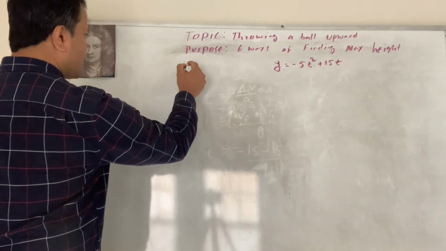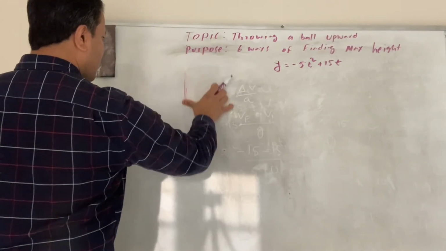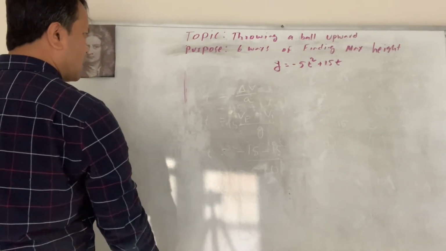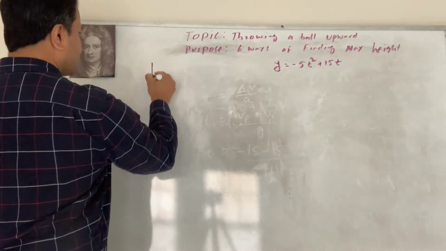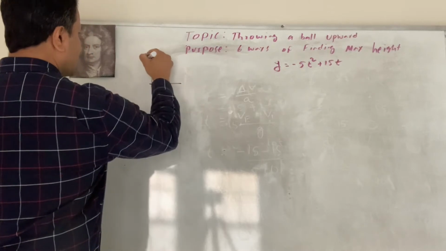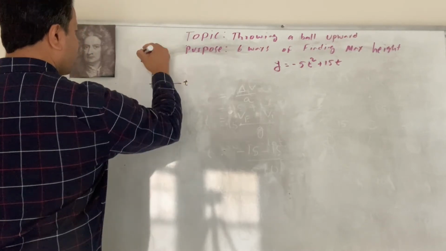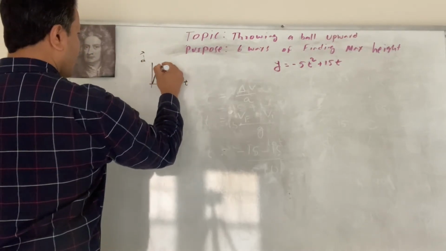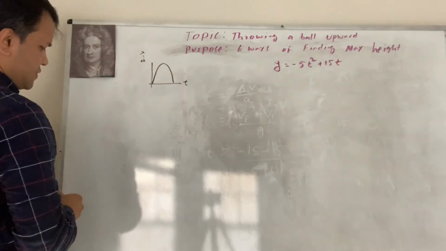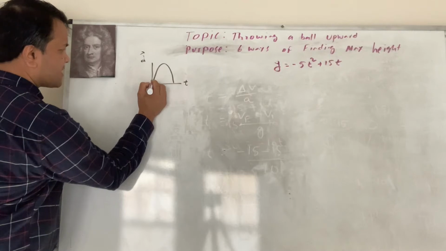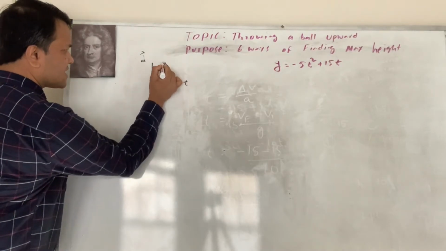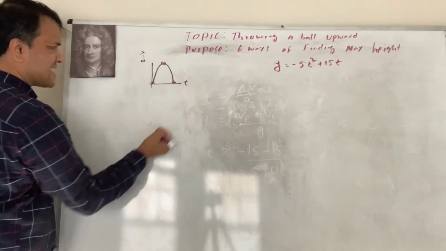Alright, let me show you the geometric way. Hopefully that one will make it obvious. So this is D, this is T. The ball was here initially, and the ball changes the direction here, and the ball landed exactly on the same height.